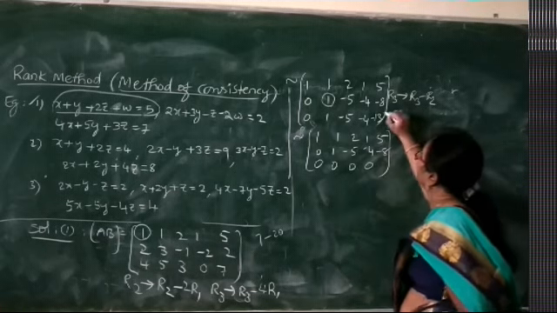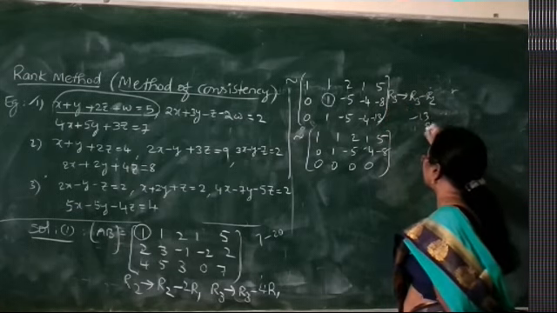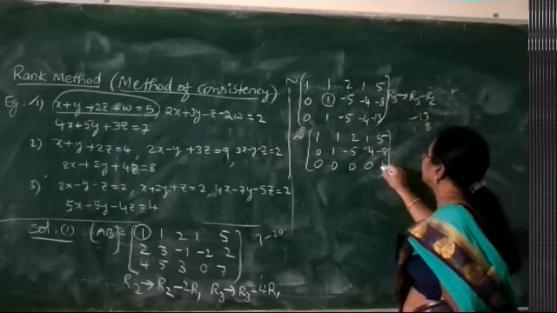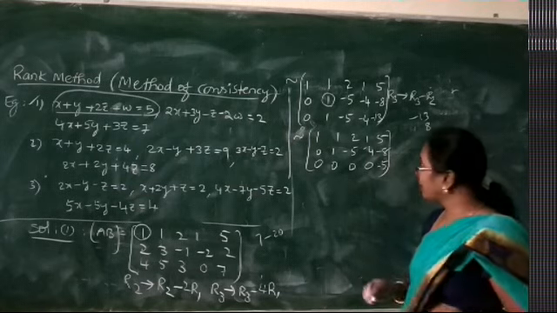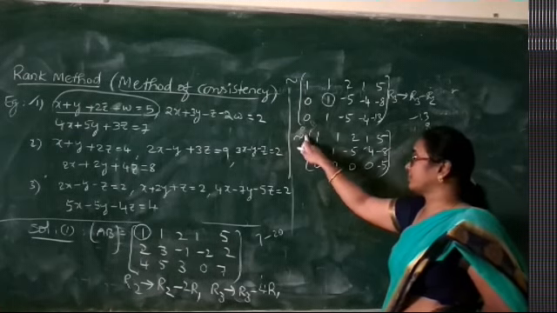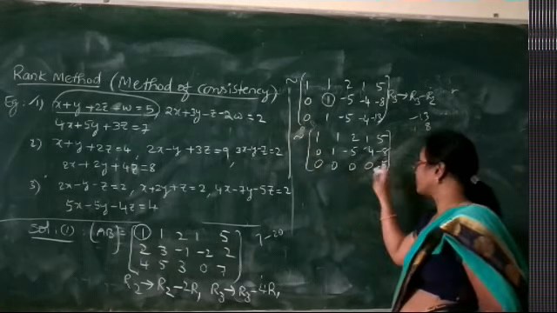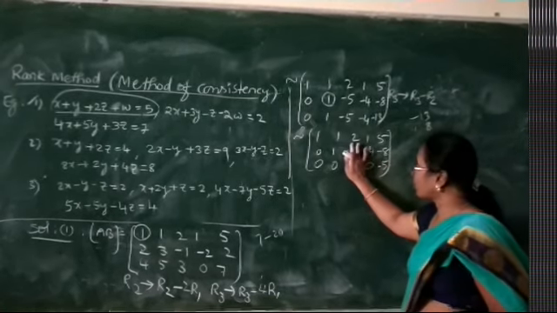Finally we have minus 13 plus 8. What is minus 13 plus 8? It is minus 5. And clearly we can see there are 0 zeros, 1 zero, 4 zeros before the first non-zero entries. This is clearly echelon form.